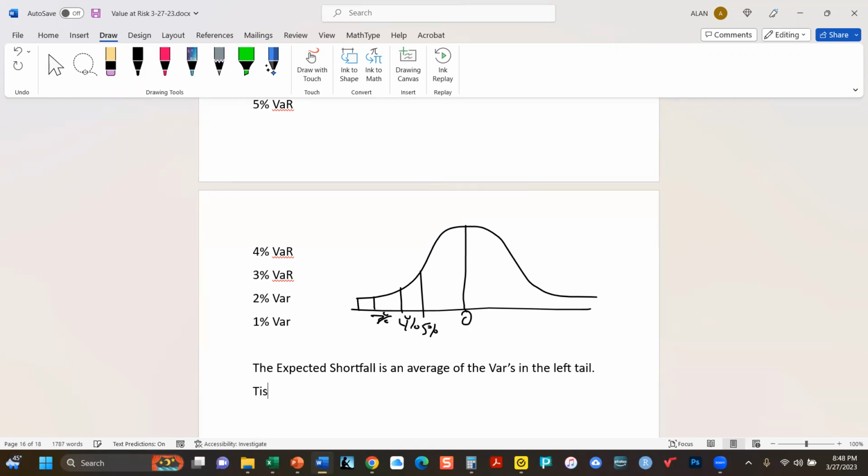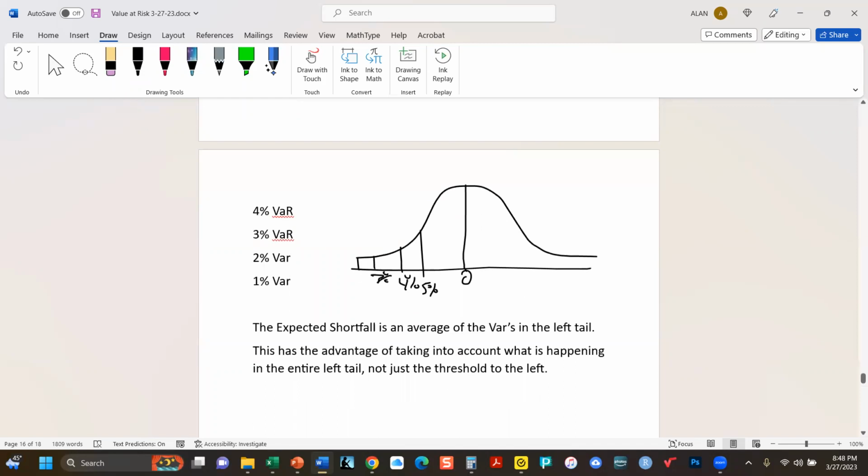So this has the advantage of taking into account what is actually happening in the entire left tail, not just the threshold to the left tail. In other words, instead of saying where's the border to the next state, you're basically showing what's happening at these different locations, I guess.